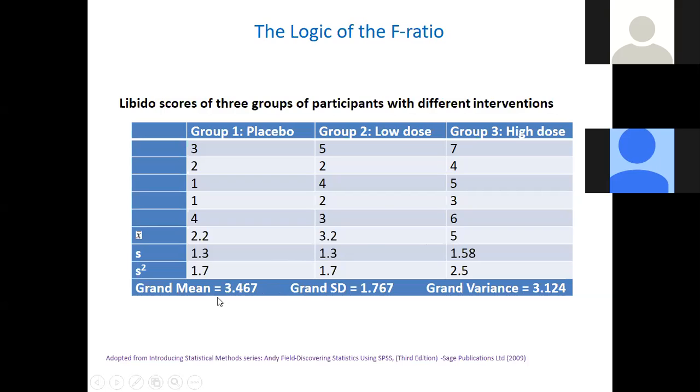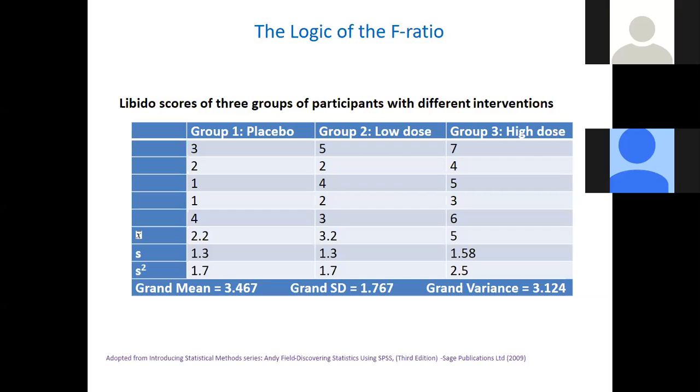So each of these group means differs from the grand mean, and that they are different is also variance. So you can remove the grand mean from each of the group means, square it, and calculate the variance. That will be the variance between groups. So there are three variances now: total variance, variance within group, and variance between groups.